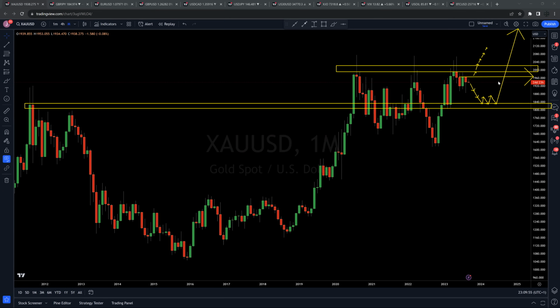And we can start to see, of course, a ripple effect occur from that. Geopolitical tensions escalating, and from a technical standpoint, trading above the 2000s, we can for sure see us printing some new historical highs on gold.